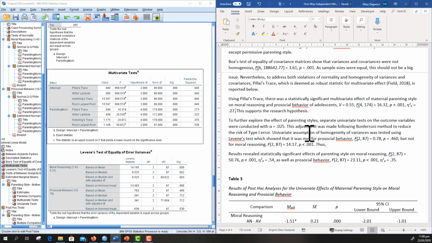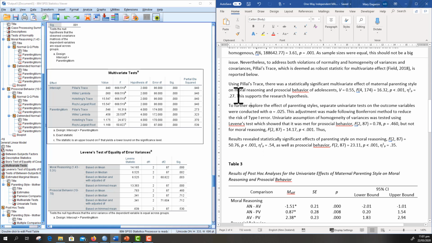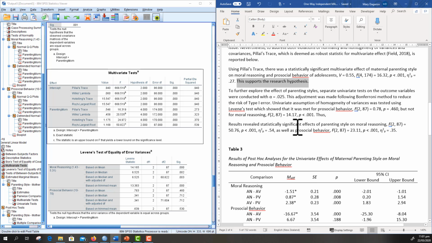But for factorial designs, the value of partial eta squared can exceed 1. And so, for factorial designs, there should be a leading zero here. Okay. And then I have a statement here to say that this result provides support for the research hypothesis.